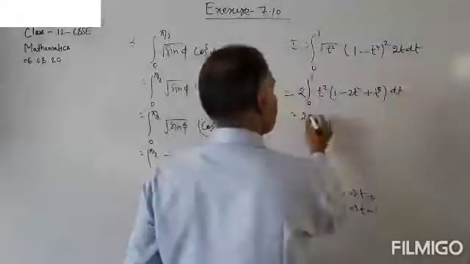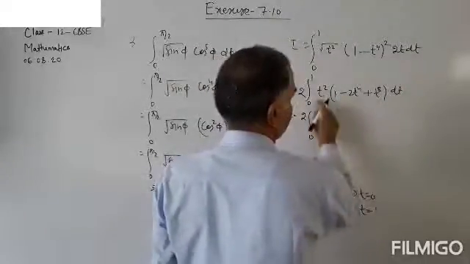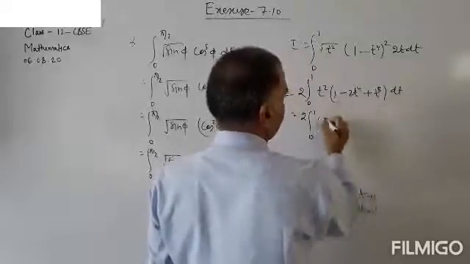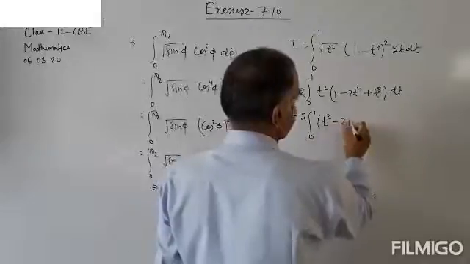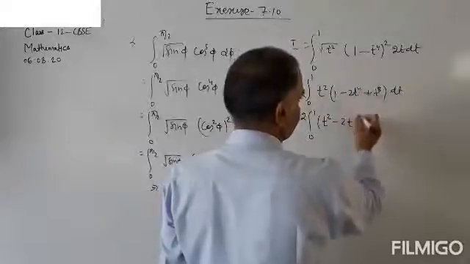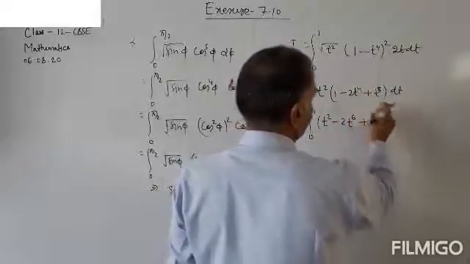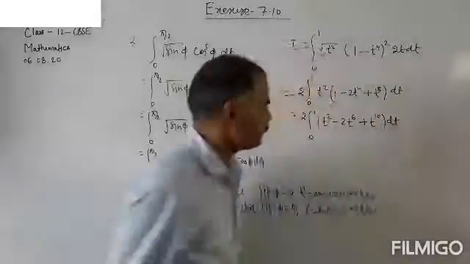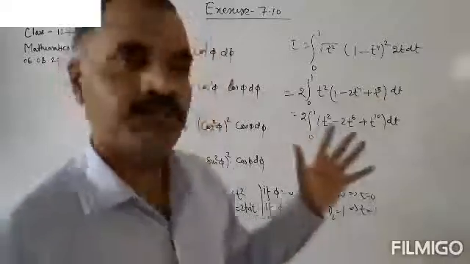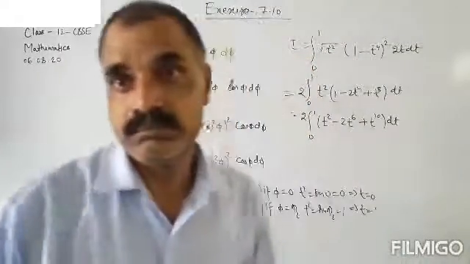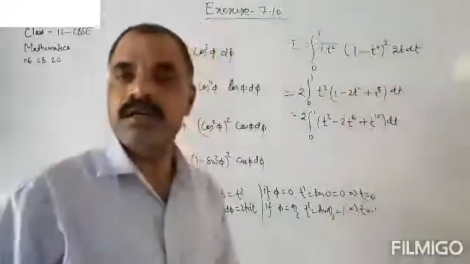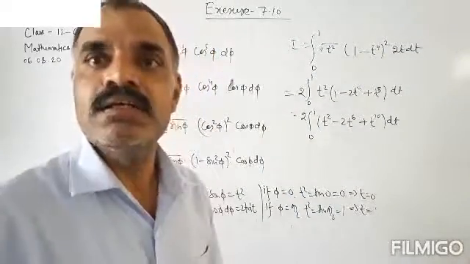Multiplying t square inside the bracket, we have t square minus 2t to the power 6 plus t to the power 10, dt. Substitution of the variable as well as of the limit is complete.